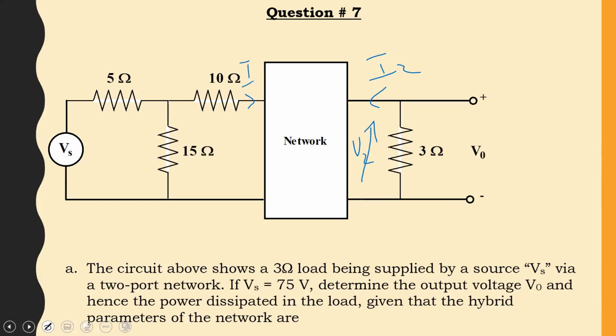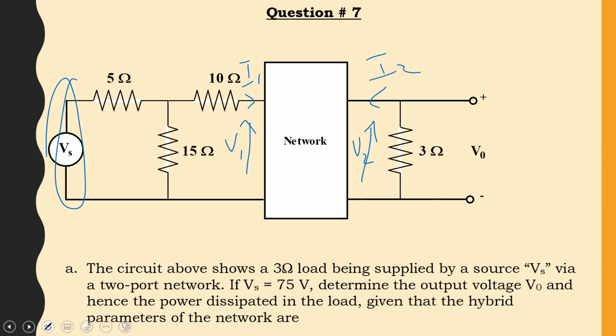I1 would be the current at this point, and V1 is the voltage at that point. So the I1, the I2, and the V1 and the V2 are related to the network itself. So it's not out here, it is right at port 1 and port 2 of the network.